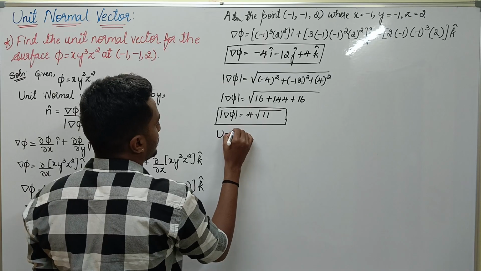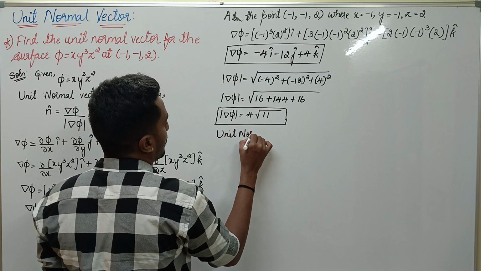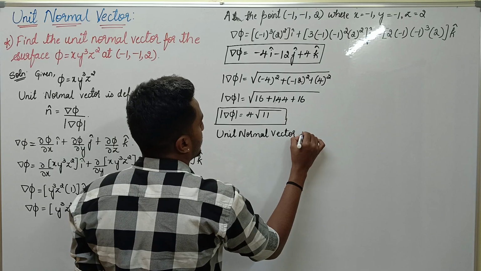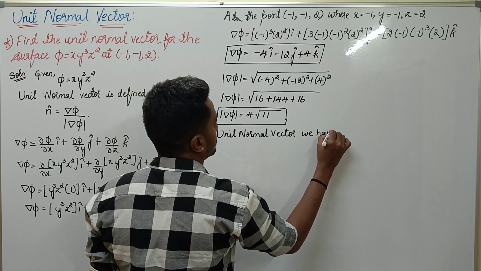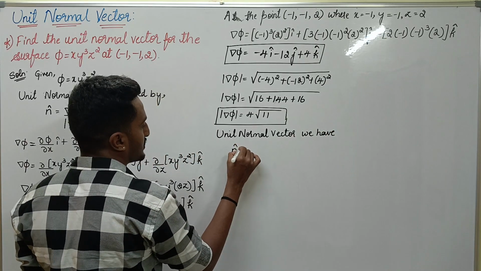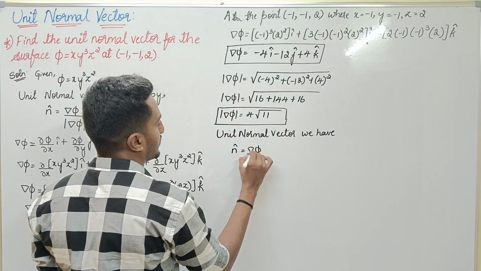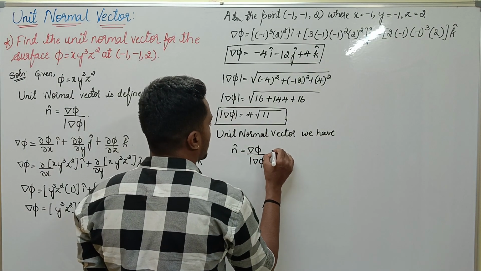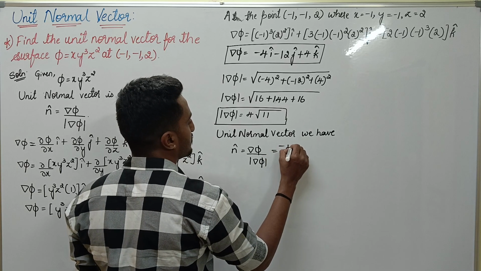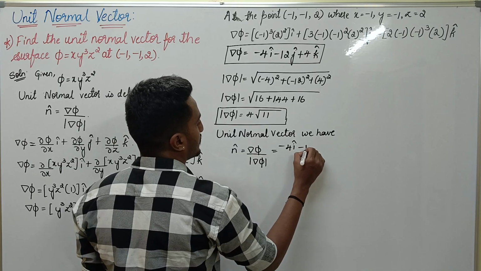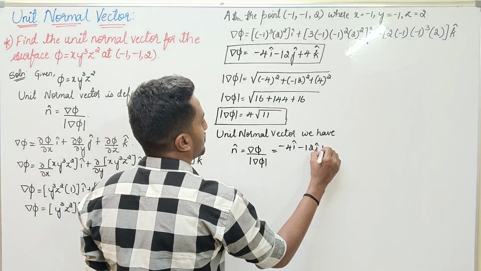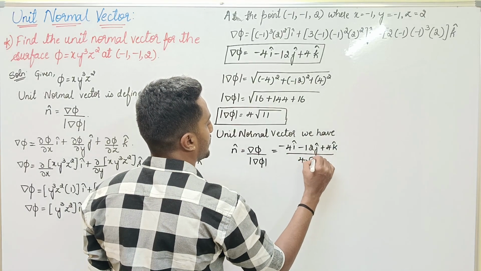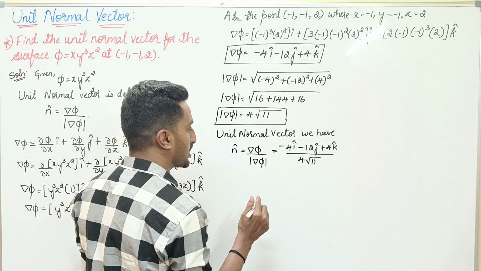Now using unit normal vector, we have n cap, which is equal to gradient phi divided by modulus of gradient phi. What is our gradient phi? We have minus 4 i cap minus 12 j cap plus 4 k cap divided by 4 root 11. In the numerator, we can take 4 as common.